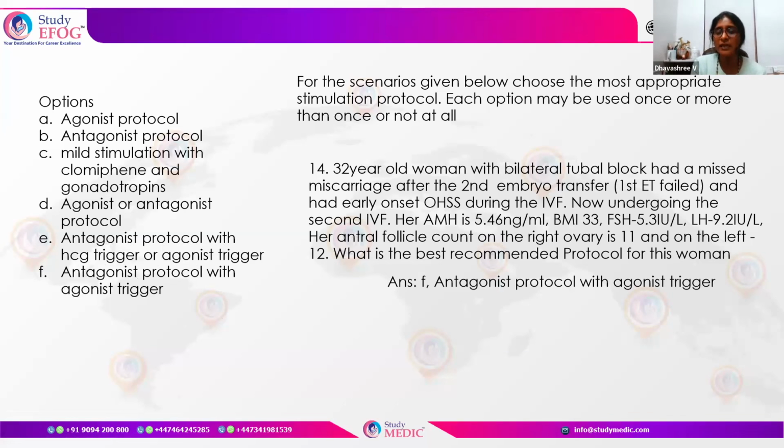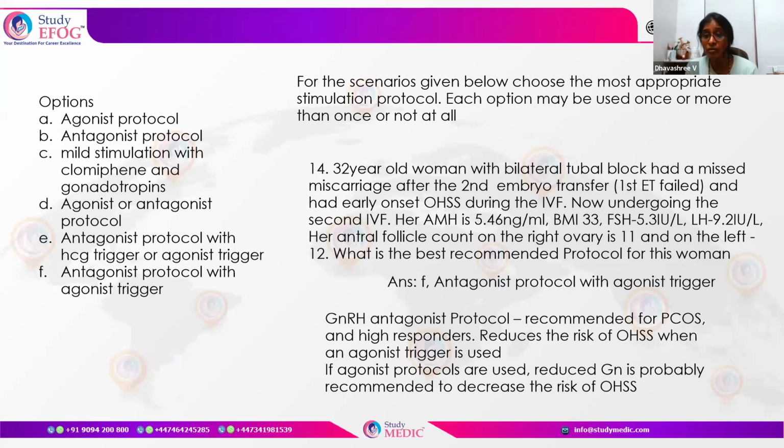So basically for high responders, it is only an antagonist protocol which is preferred, and for women at risk of OHSS, antagonist protocol along with an agonist trigger makes it a nil chance of getting OHSS. Hope it is clear so far.